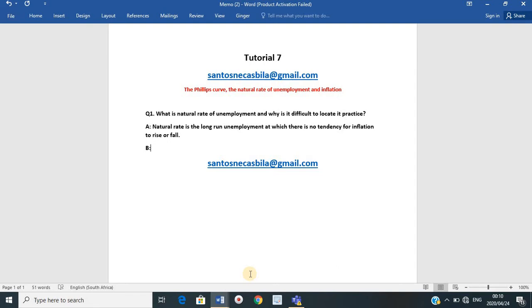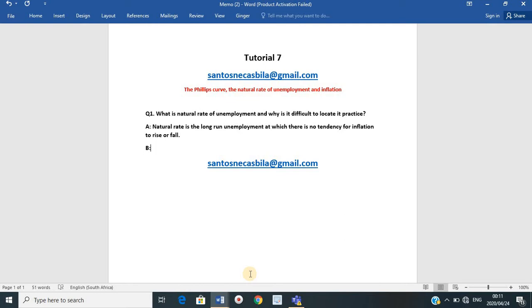However, in practice, we know that the labor market does not really only depend on expected inflation or price level. It also depends on the market forces, or other factors that are not captured in that model. For example, we can have people who are unemployed due to frictional unemployment, or due to the change in the structure of the economy.